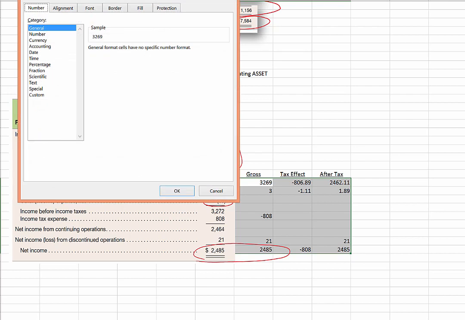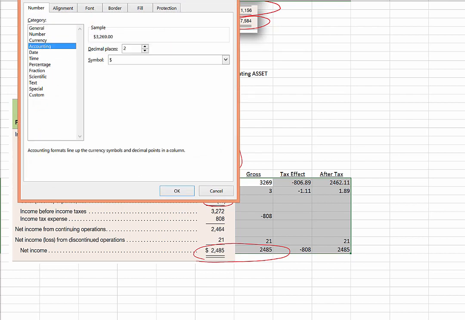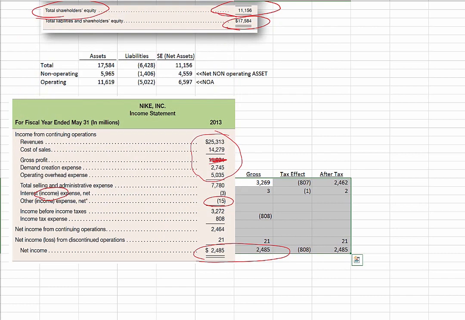Make these no decimals and no symbol on those. Okay, so that looks a little better formatting wise.